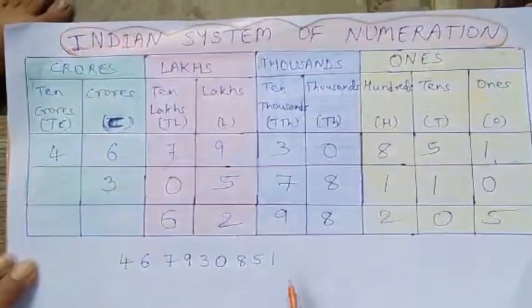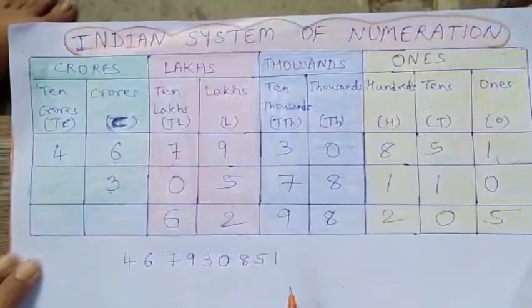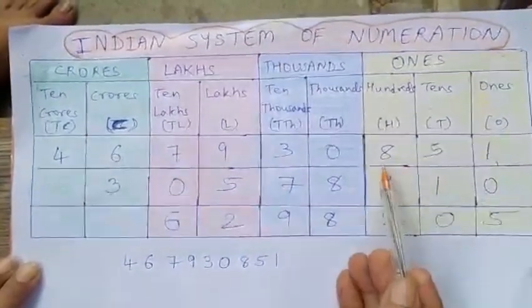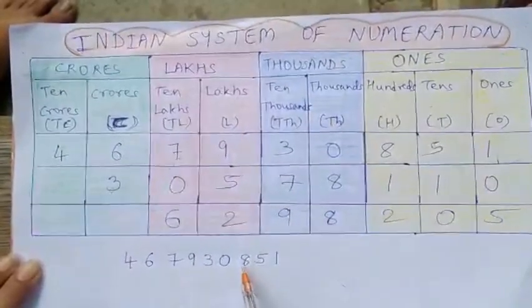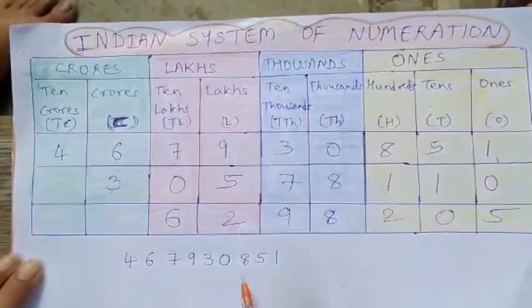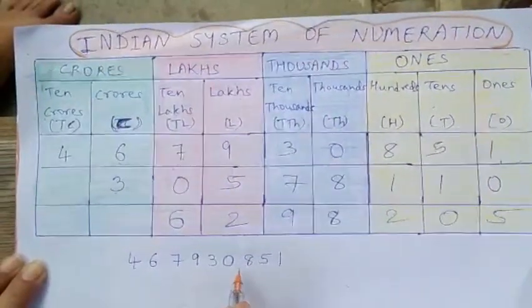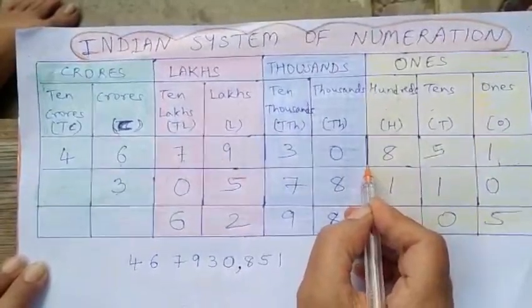Let us start from the right side. Since we have seen that the ones period is subdivided into 3 sub-periods, we will insert a comma after 3 digits, starting from the right side. First digit, second and third digit. So, I will put a comma here, wherever the period ends.